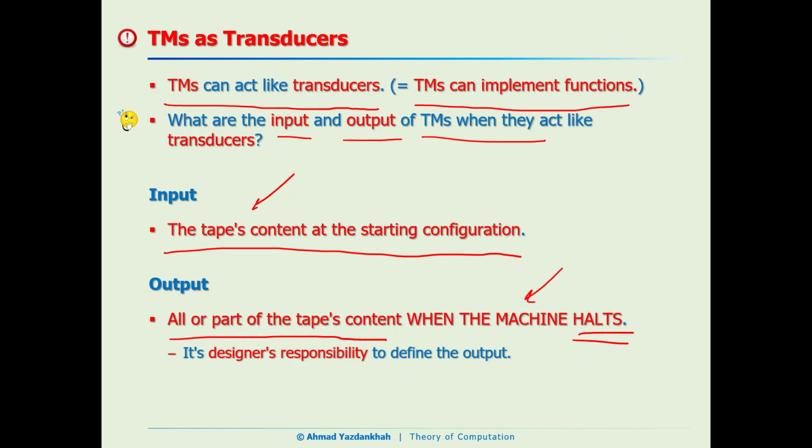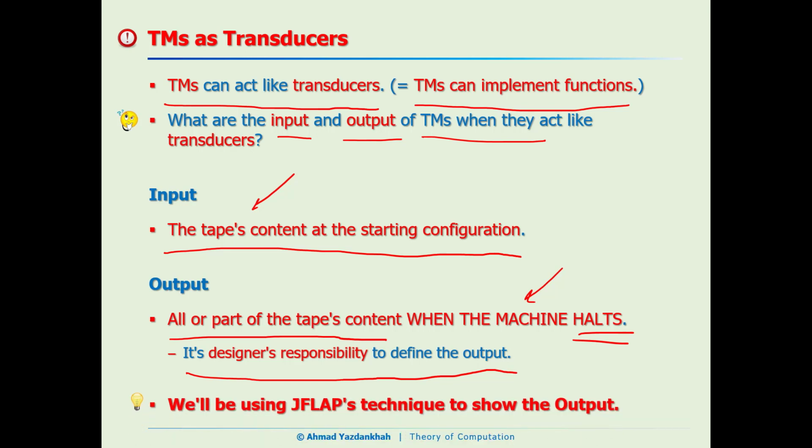So whatever we get at the end on the tape, all of it or part of it can be considered as output. Bottom line is, it is the designer's responsibility to define the output. Okay? We will be using how JFLAP shows the output.